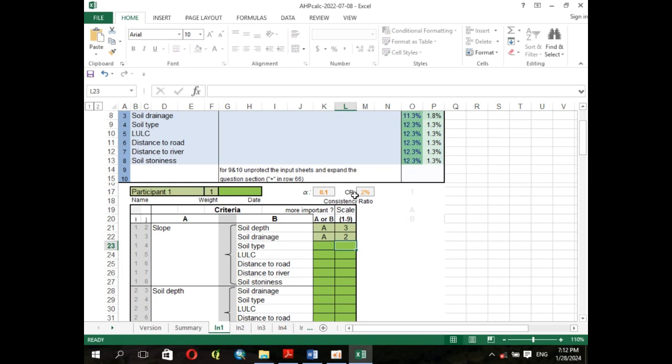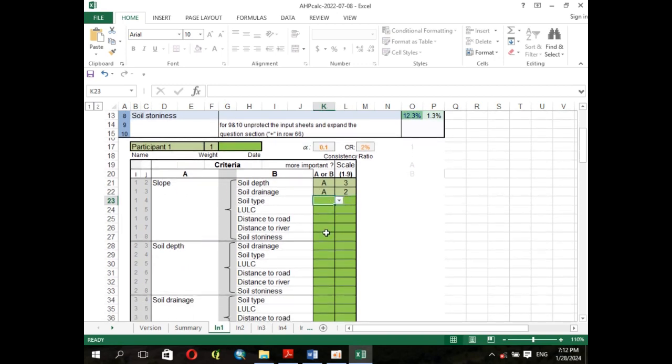This consistency ratio governs our judgment, because it should be less than 10% for our judgment to be acceptable. All right, therefore you should see this value automatically. So you should provide values in such a way for the parameters.